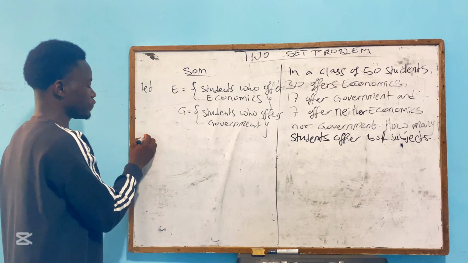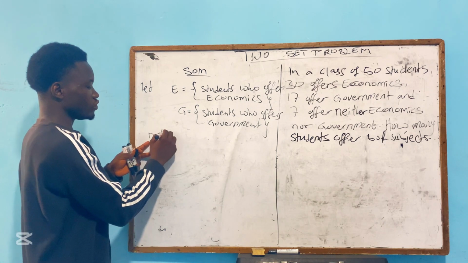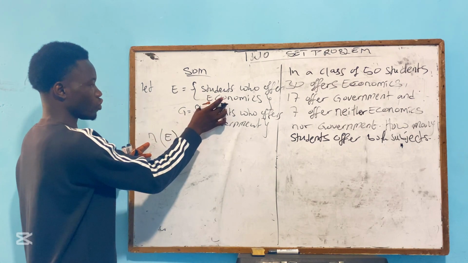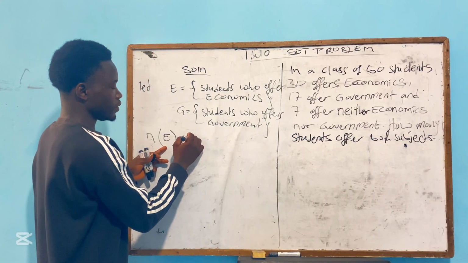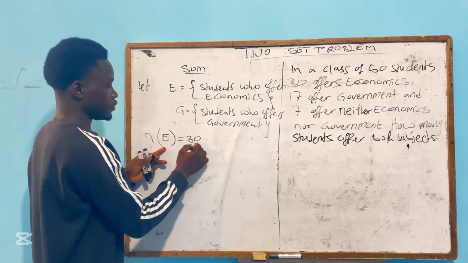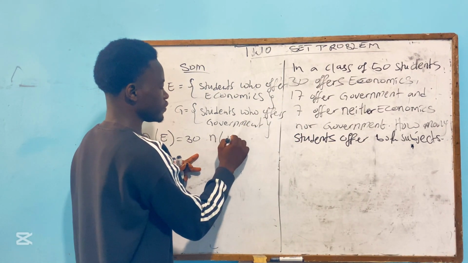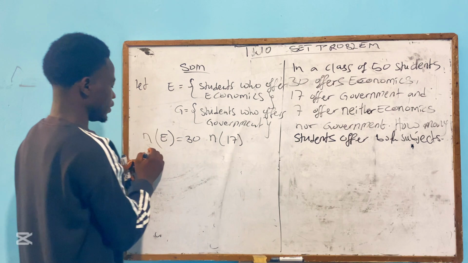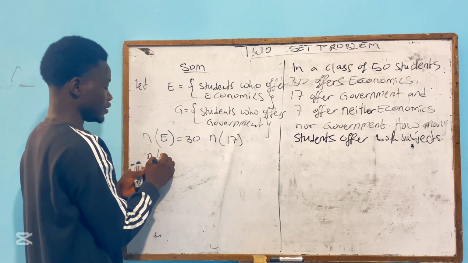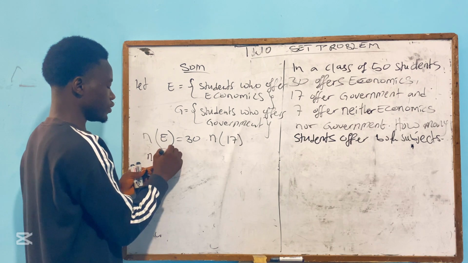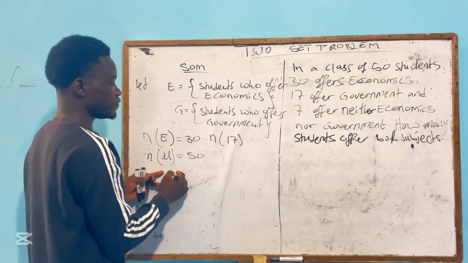Therefore we have n(E), the number of students who offer economics, equal to 30. The number of students who offer government, n(G), is 17. Then the number of students in the class is 50, so we can represent the universal set as n(U) equal to 50.